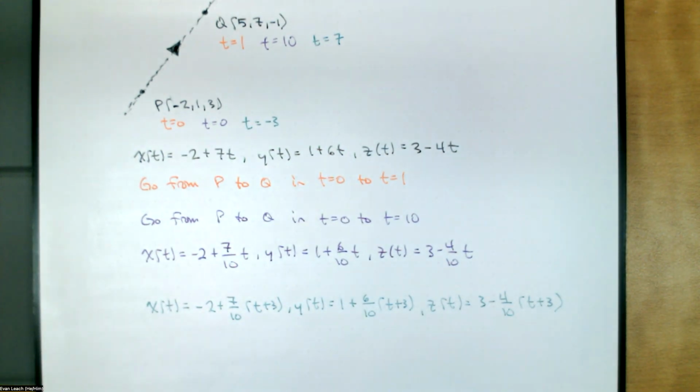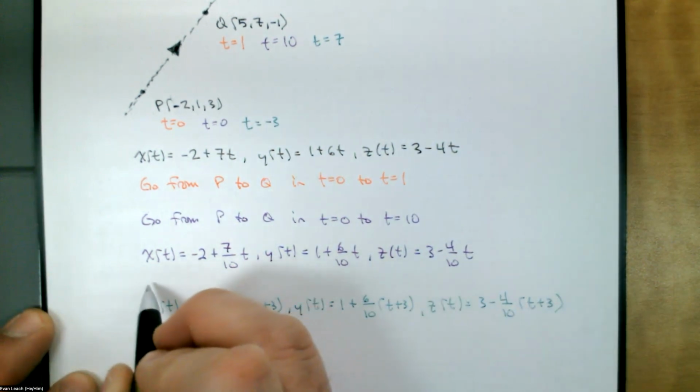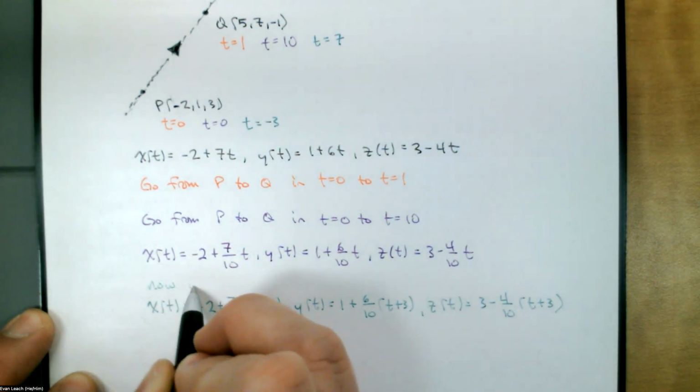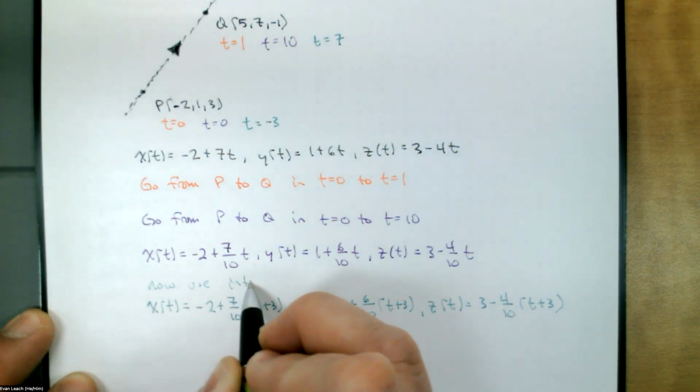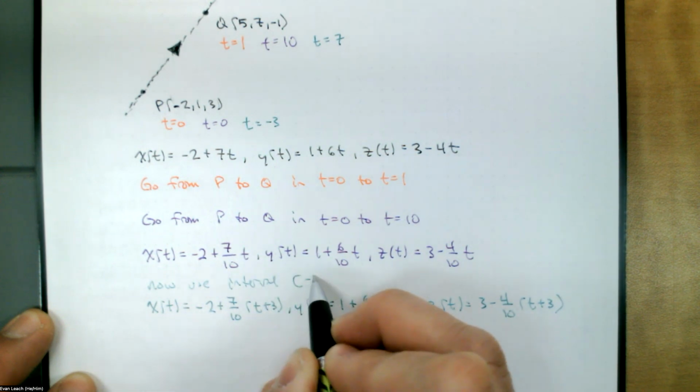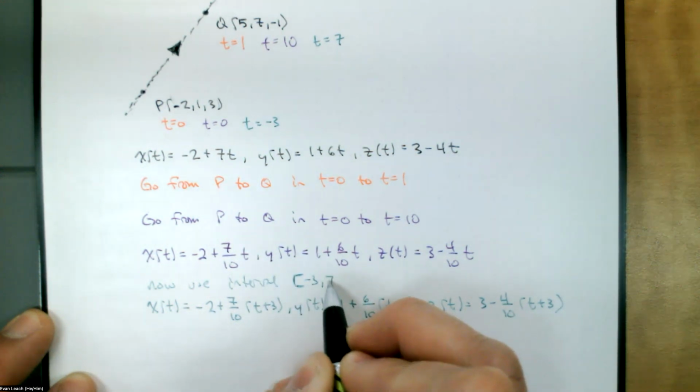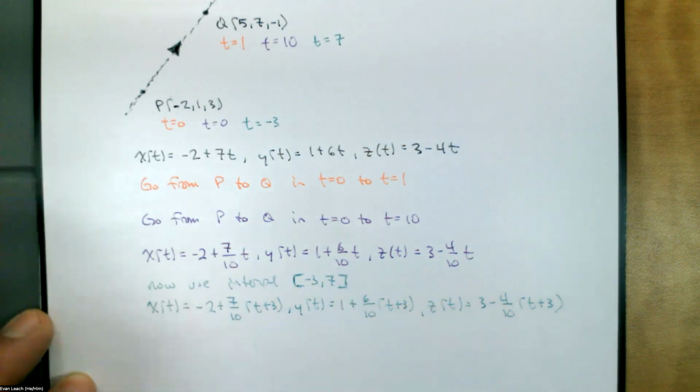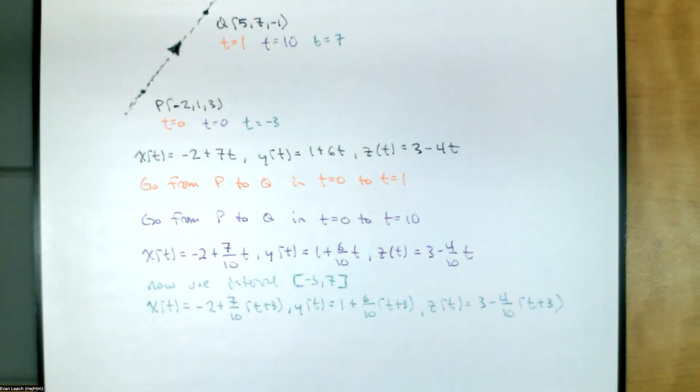From t equals -3 to 7. It's still a 10-unit interval from -3 to 7, but it's not from 0 to 10. It's from -3 to 7.